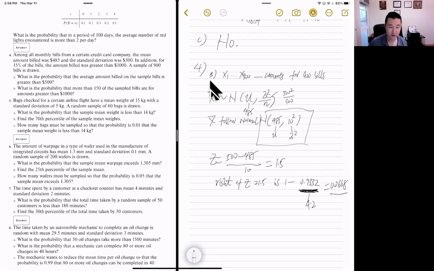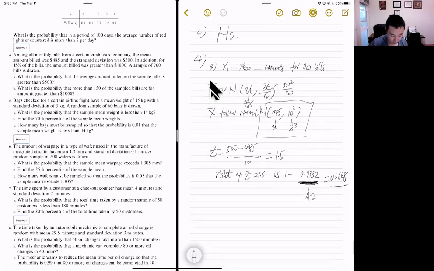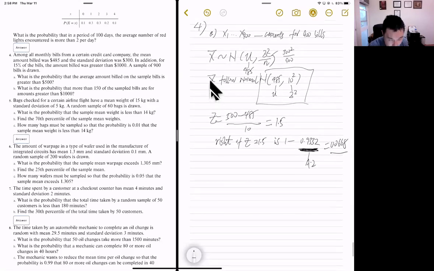Okay, see if you can get this. B, okay, what is the probability that more than 150 of the sampled bills are for amount greater than 1,000?